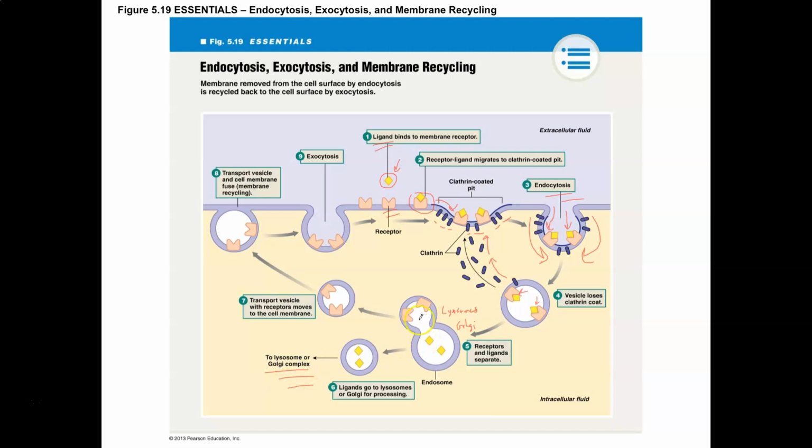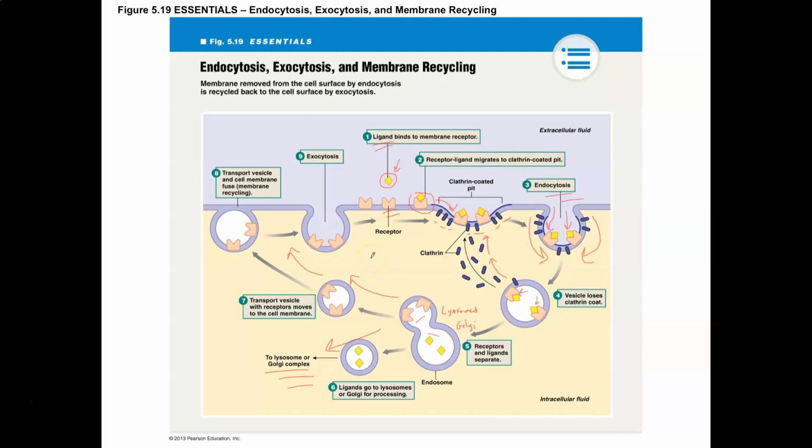You'll notice that the receptors have separated. So the receptor has separated from what you brought into the cell. We go off for processing this way. The receptors can be recycled, though, back to the plasma membrane. So we basically use a transport vesicle with the receptors inside of it, and we move it back to the plasma membrane.